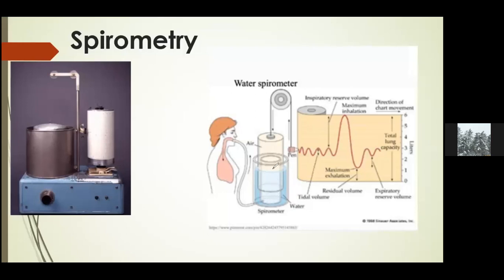When you breathe in, it pulls the bell down, and you find that the pen goes up. When you exhale, the bell goes up and the pen goes down. And then you can actually see this is the kind of graph that you are getting. Are we clear on that part?